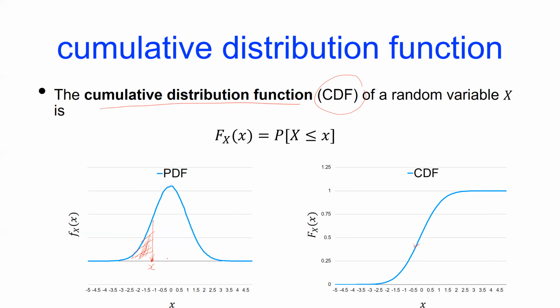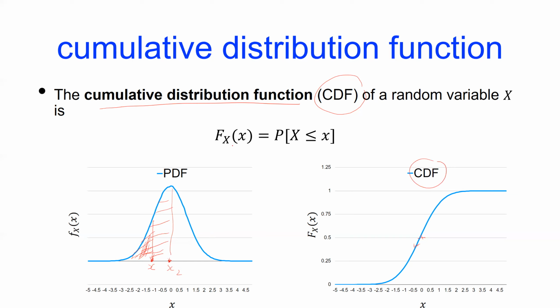Every time I move, let's say to X2, I count the other area to the left. This looks like it equals 0.5, and I put it here. If I plot those cumulated probabilities against my X, then I will get a CDF. So this is the definition here.